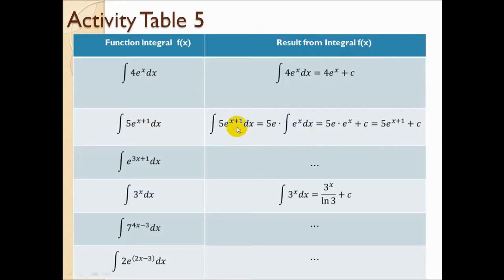Here, e to the power of x plus 1 is e times e to the power of x, right? And e here is a constant because there is no x or variable, so we can put it in front of the integral. So we only have e to the power of x, which with the basic integration formula is still e to the power of x, plus c, so we have the result.